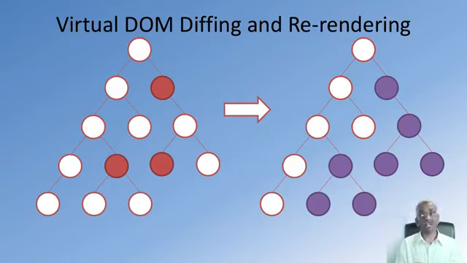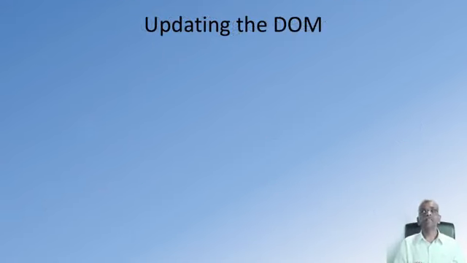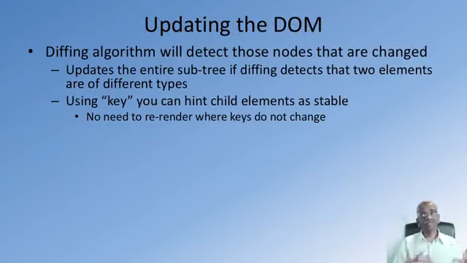So how is this actually done? With React, because React maintains the virtual DOM, which is a React object, and as we understood, manipulating the virtual DOM is very, very fast and effective. So every time there are changes to the virtual DOM and you are at the point of re-rendering the view in the browser DOM, then to update the DOM, React runs a diffing algorithm. The diffing algorithm will detect all the nodes that have changed.